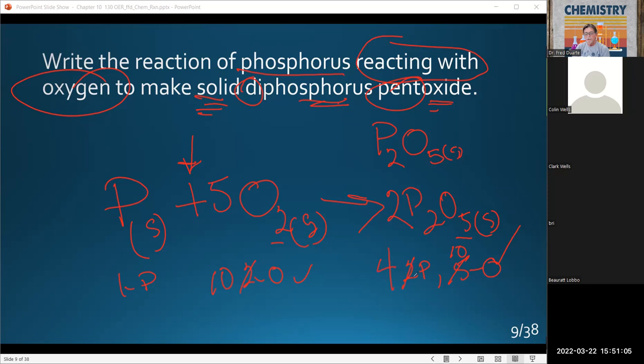No big deal. We go back to the reactant side, and we can simply put a 4 in front of phosphorus. And now we are balanced. We've got 4 phosphorus on both sides. We've got 10 oxygens on both sides. So everybody is happy, and we're balanced. Mother Nature is happy.